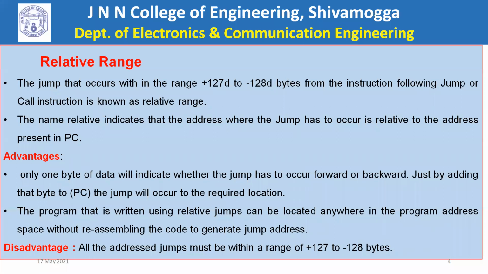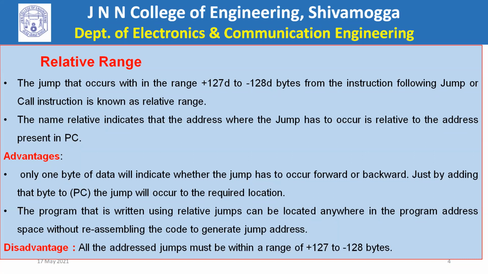Just by adding that byte to PC, the jump will occur to the required location. The program that is written using relative jumps can be located anywhere in the program address space without reassembling the code to generate the jump address. So all the address jumps must be in the range of plus 127 to minus 128 bytes.